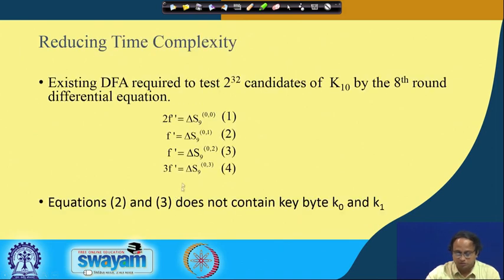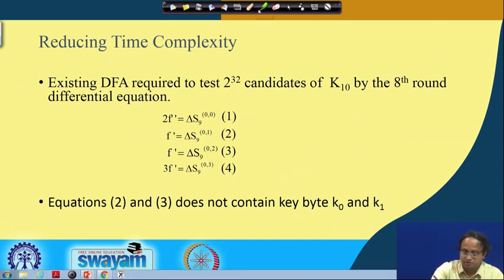So what you can now do is, based upon the previous observation, that it does not depend upon 2 key bytes. This is another naming convention that we have. The way I showed the key bytes was by the rows and the columns. Another naming convention is K0, K1, K2, K3, K4, K5, K6, K7, K8, K9, K10, K11 and so on till K15.